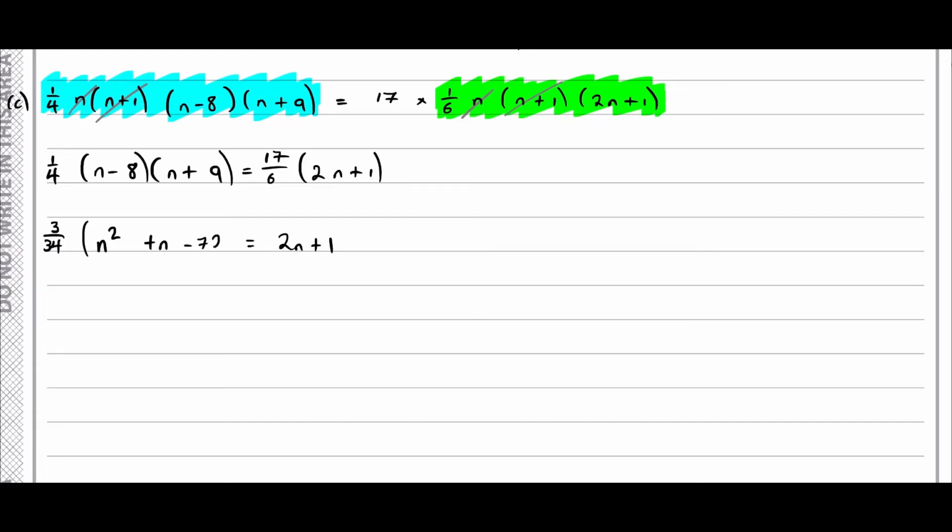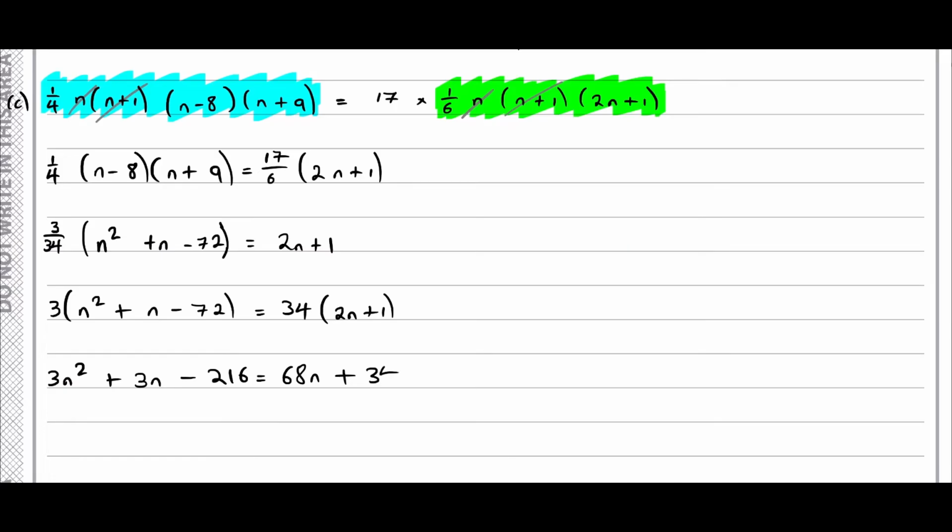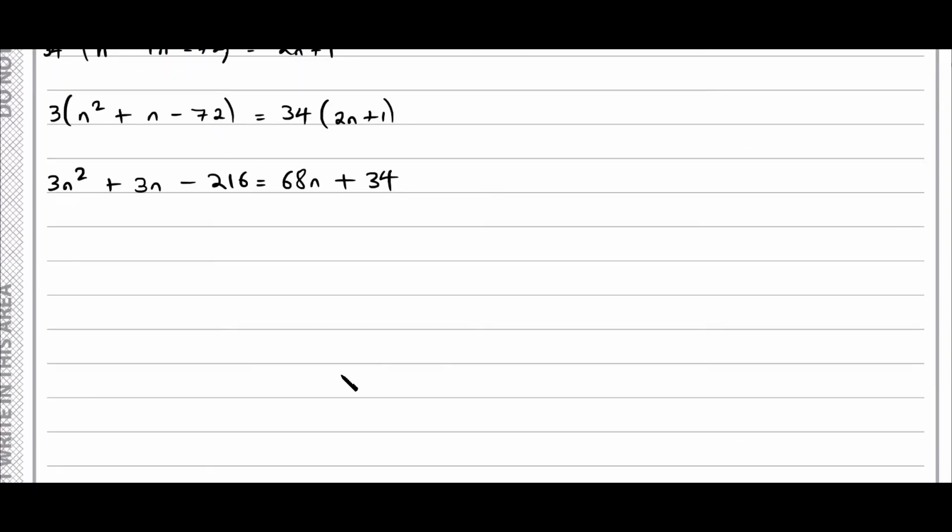So we have 3 lots of n squared plus n minus 72 equals 34 lots of 2n plus 1. So we have 3n squared plus 3n minus 216 on the left hand side, and on the right hand side we have 68n plus 34. And if we simplify this quadratic, we have 3n squared minus 65n minus 250 equals 0.